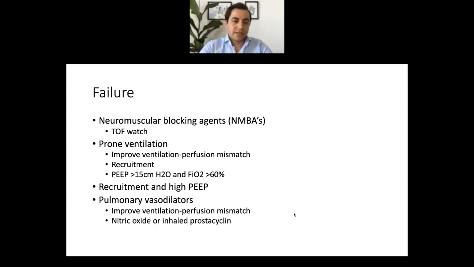You can use this if the patient has a PEEP above 15 centimeters of water and FiO2 above 60%. You can also try to recruit the patient whether in supine or prone position and try a higher PEEP. Another treatment would be the use of pulmonary vasodilators, which will improve the ventilation perfusion mismatch.